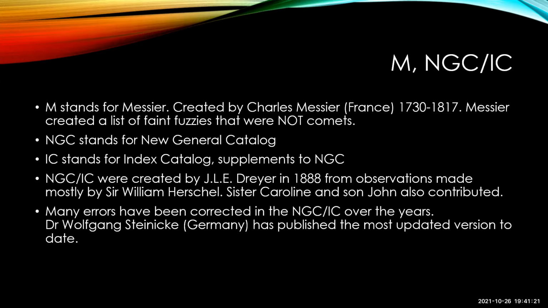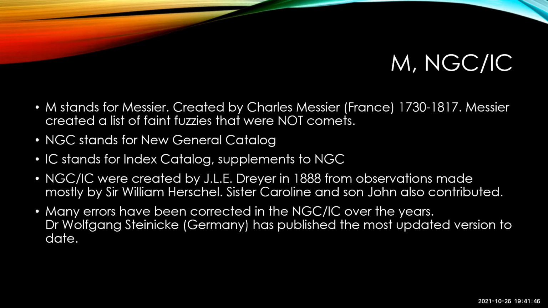So the Herschels and son John came up with quite a few observed objects over the years. In the latter part of the 1800s, J.L.E. Dreyer gathered together all of these observations and came up with the NGC catalog and the IC catalog.